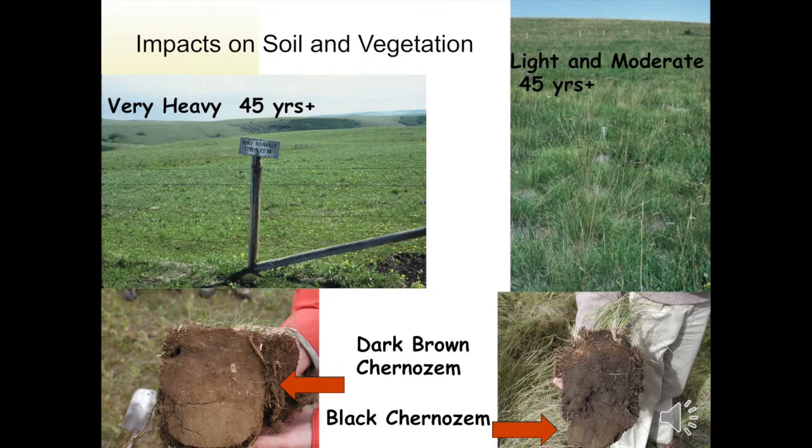And for any of you that maybe are not familiar with Staveley, on the right is the light to moderate stocking rate that maintains composition and maintains our black Chernozemic soil. And over on the far left, the very heavily grazed field for 45 or more years has resulted in the loss of the native rough fescue plant community, replaced largely by a weedy plant community, and also a degradation of the soil profile, loss of soil organic matter.